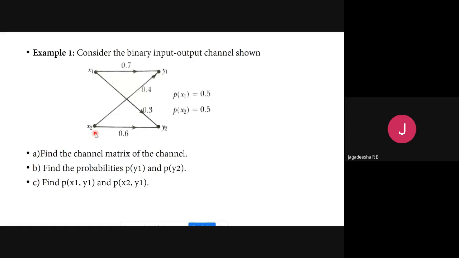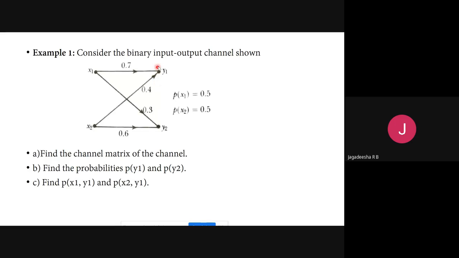In this setting, first, define the channel matrix of the channel. This is the channel given, and you find out the channel matrix. We have seen in today's discussion how to find the channel matrix given the channel, that is, all these transition probabilities. In the second case, find the probability of output y1.